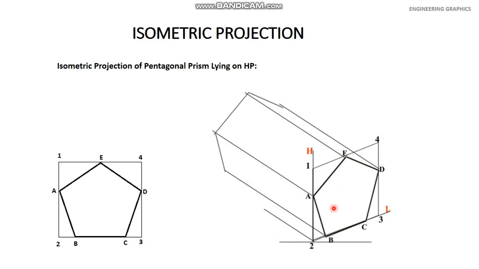Now at an angle of 30 degree, draw the lines from B, from A, from E, from D, from C in this direction, and these lines should be equal to the length of this pentagonal prism. Now join the end points and you will find a pentagon here also. Now you have the two pentagons, one pentagon is this and one pentagon is here also. So delete these internal lines because in pentagonal prism only the one pentagon will be visible to you, other will be hidden.